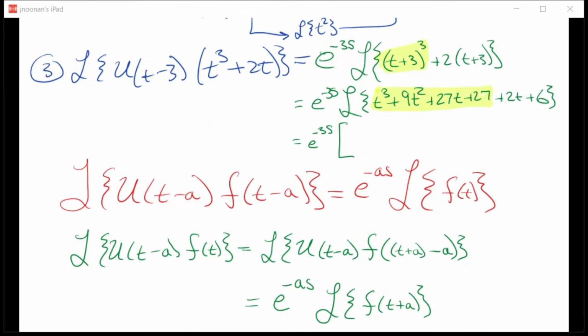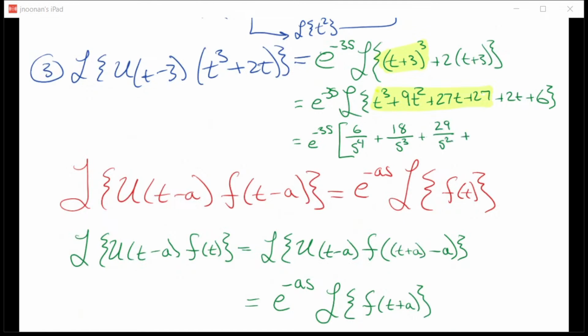So we've got 6 over s to the 4th plus, let's see, that's going to be 18 over s to the 3rd. And then 27t plus this 2t makes 29t. So that's going to be 29 over s squared.